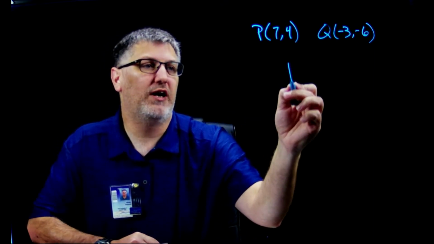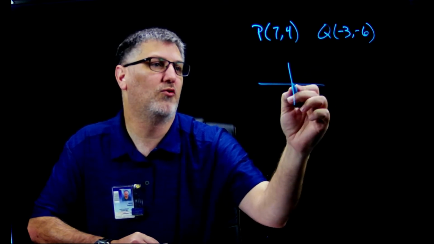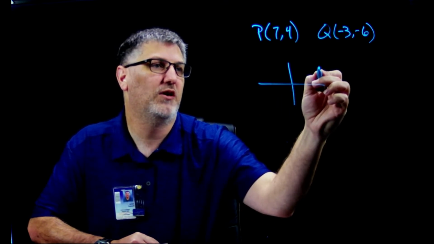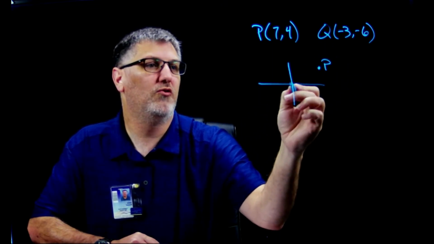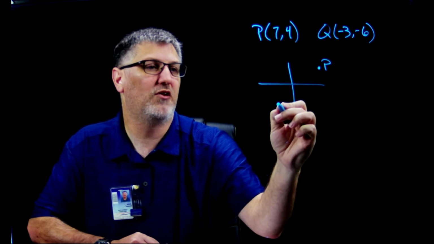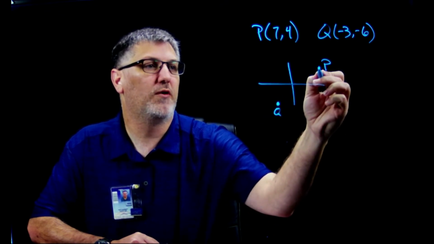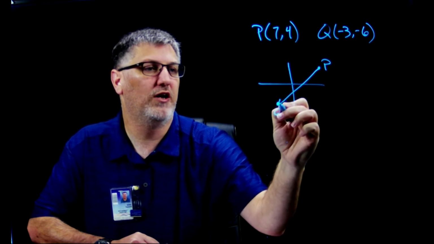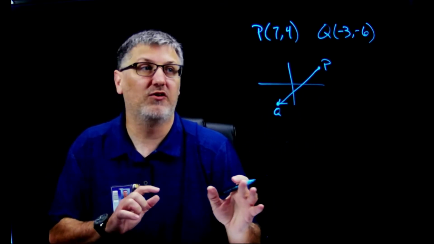If I were to graph this, P is (7, 4), so over here, up here somewhere. We'll call this P, capital letter, because it's a point. Q, (-3, -6), down here somewhere, capital letter because it's a point. Because we're going from P to Q, we draw in an arrow, and there's my vector.